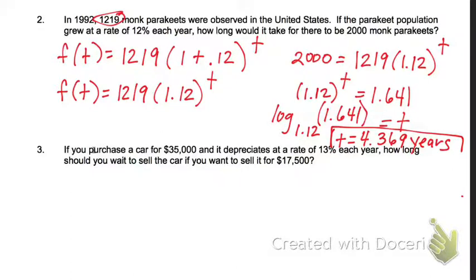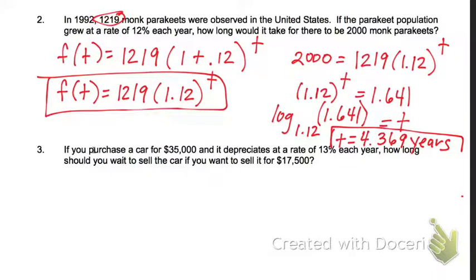The parakeet population is growing 12% a year, so 1 plus 0.12. Then it's asking you how long is it going to take to get to 2,000. So my exponential growth equation would be this: f of t equals 1219 times 1.12 to the t. Then I'm going to set the f of t equal to 2,000 and solve.